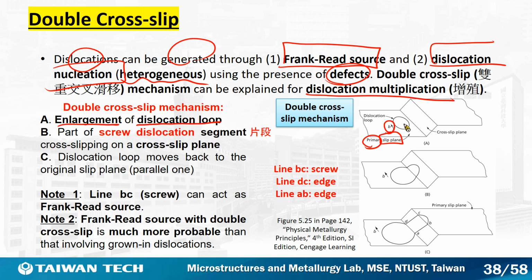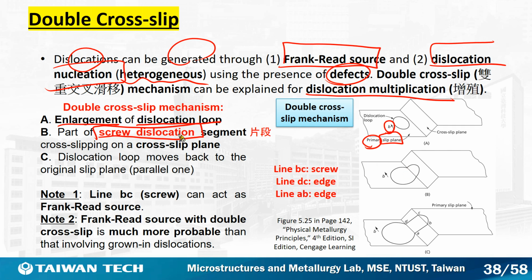And when this dislocation loop touches or meets the other plane, this is also a slip plane, but this is maybe a secondary slip plane, it's not the primary slip plane. And because the dislocation loop becomes bigger and bigger, and as we learned previously, only the screw dislocation can move from one slip plane to the other slip planes.